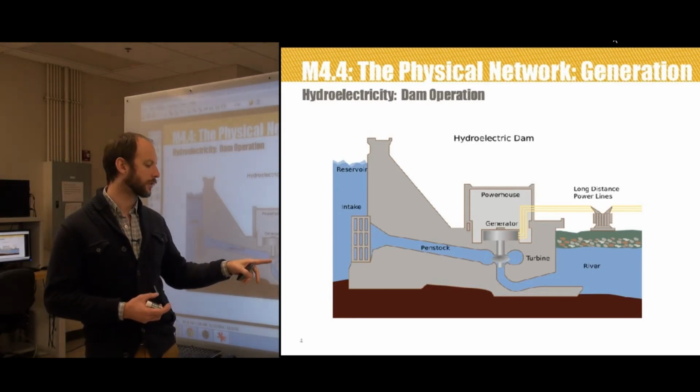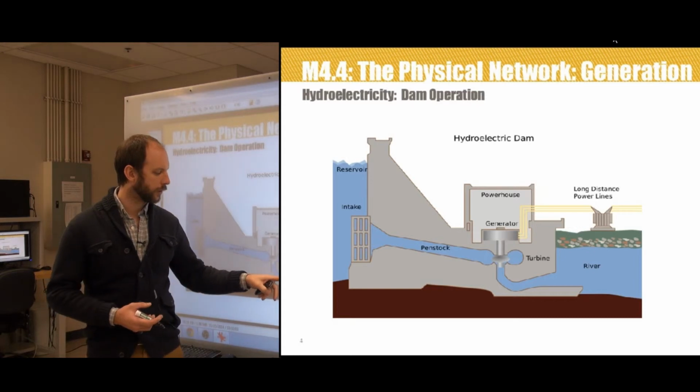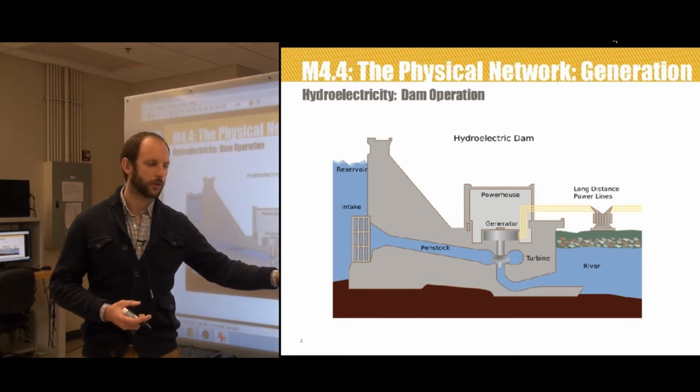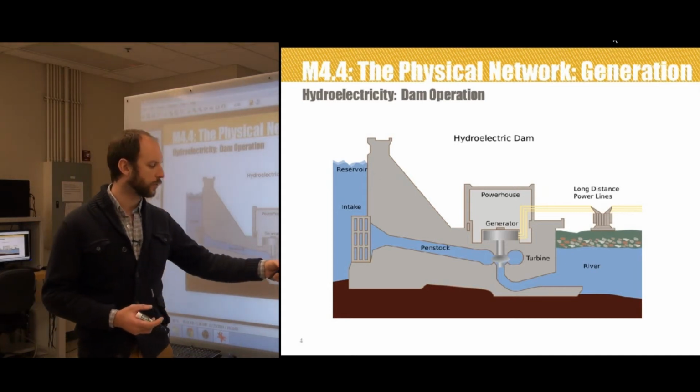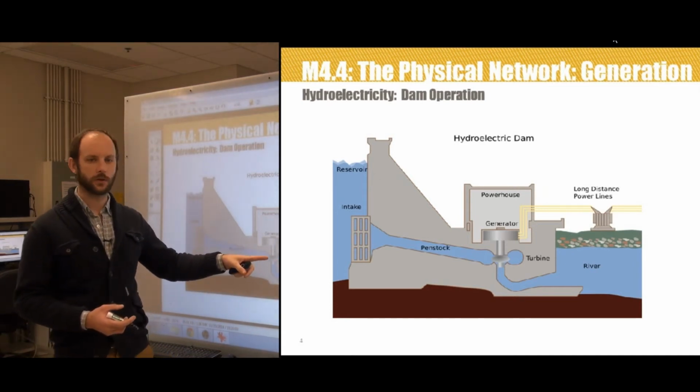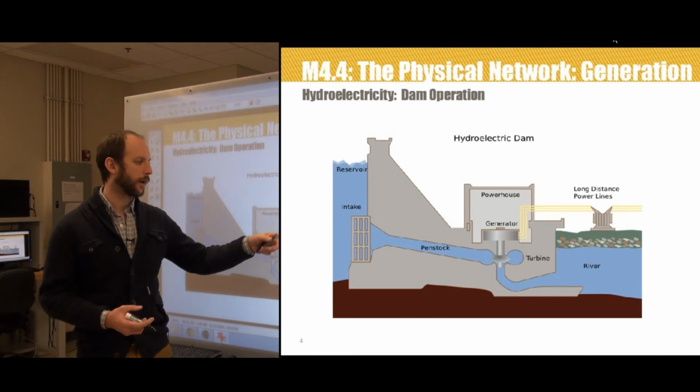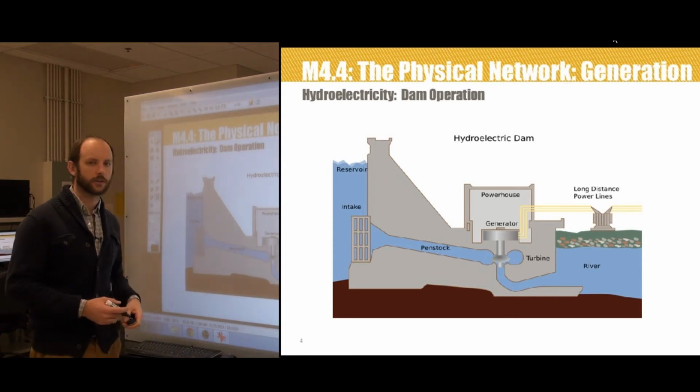That spins a hydraulic turbine. The water is then vacated into the river that is below the dam, and it just continues to flow throughout the United States watershed. That hydraulic turbine is connected to a generator inside the powerhouse that's then connected to the long-distance power lines.